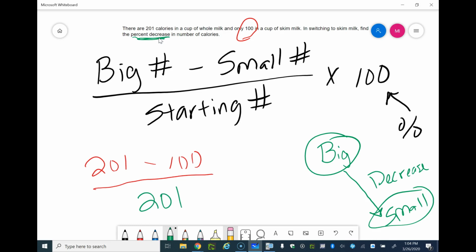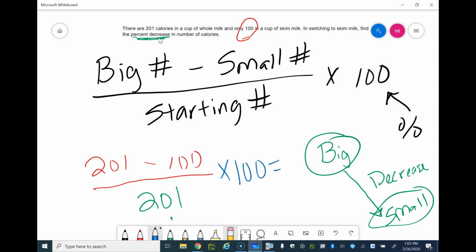If the problem up here said find the percent increase, then obviously this number on the bottom right here will be the smaller number in the word problem. So decrease, big number goes on the bottom. Increase, smaller number goes on the bottom. Maybe that's a little bit helpful for you to write down.